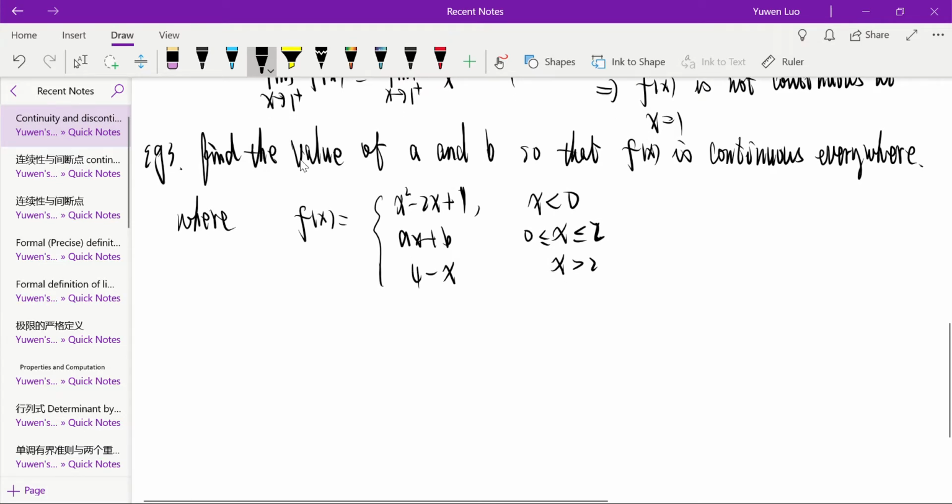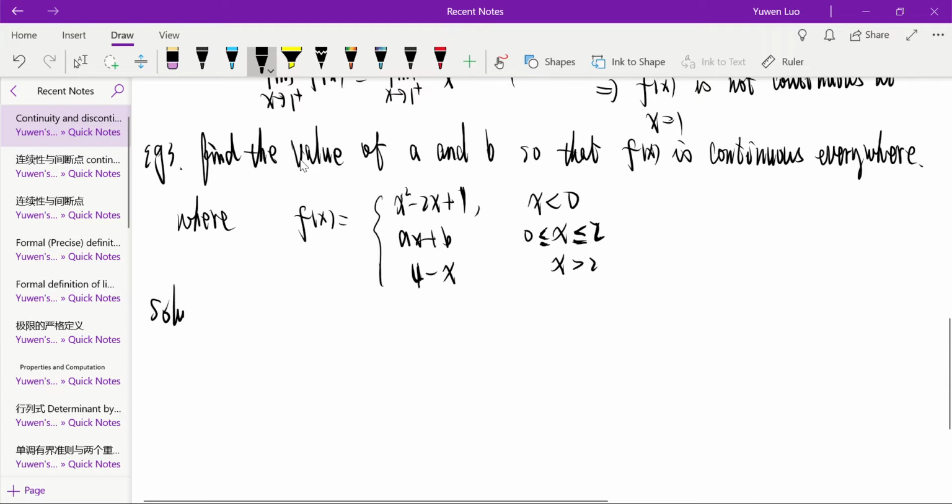Each part of this function is a polynomial, so the only discontinuous points can occur at the joint points.